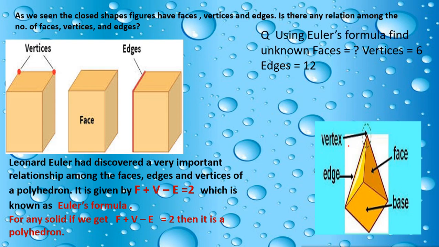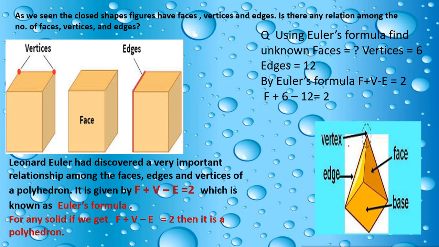So let's take a problem. Using Euler's formula, we have to find the unknown, that is, the faces. Vertices are given as 6 and edges are given as 12. As we know, f plus v minus e is equal to 2.